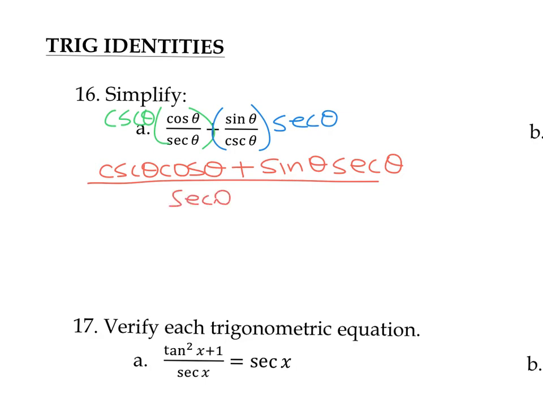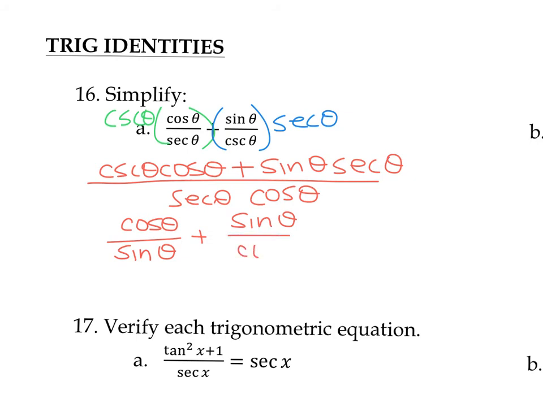secant theta, cosine theta. So now secant is 1 over cosine, so that's cosine theta over sine, cosine over sine, plus sine of theta over cosine of theta, all over 1 over cosine theta sine theta.